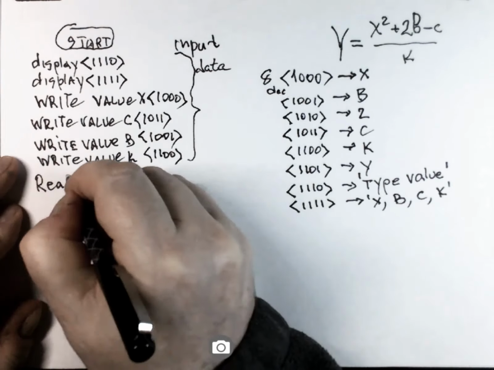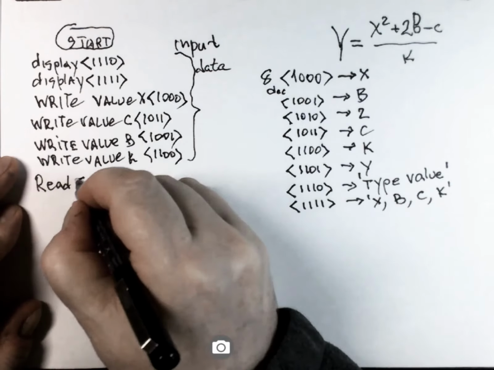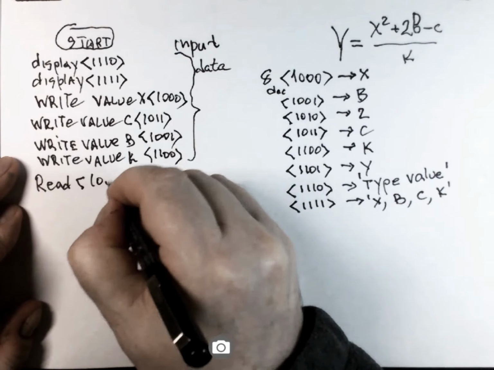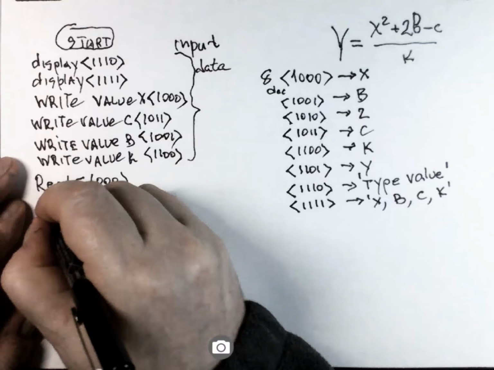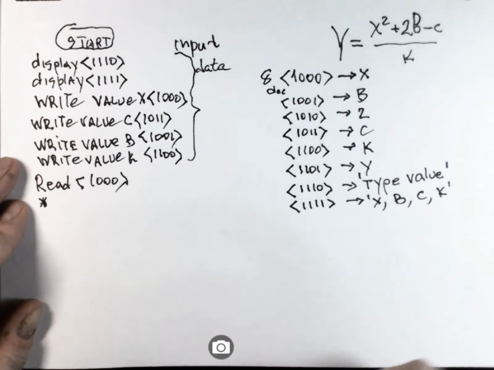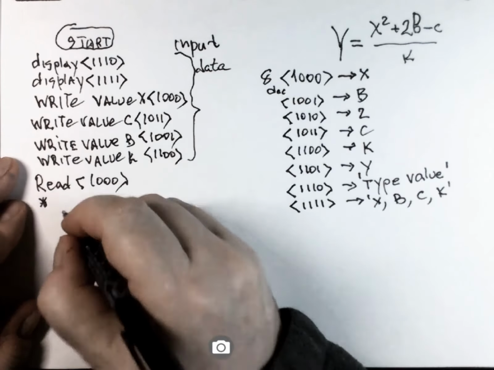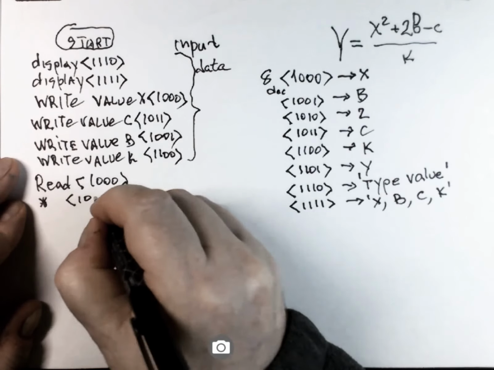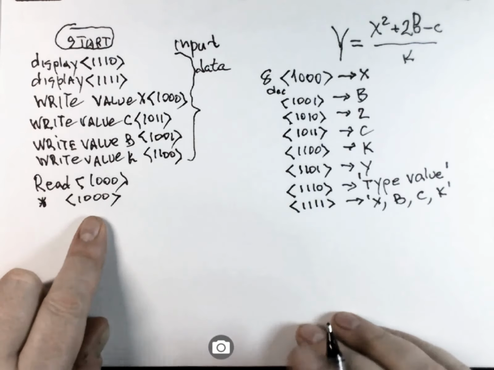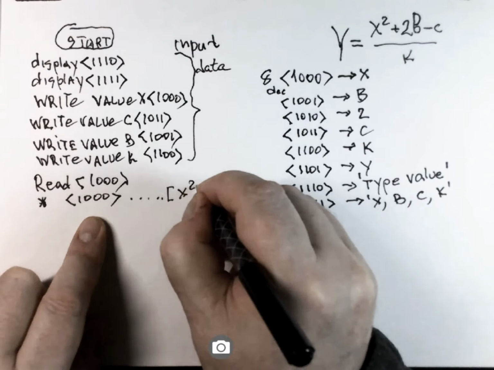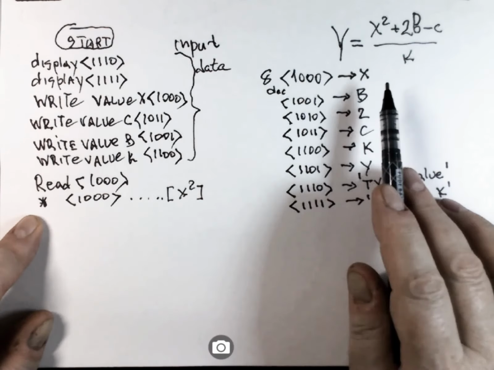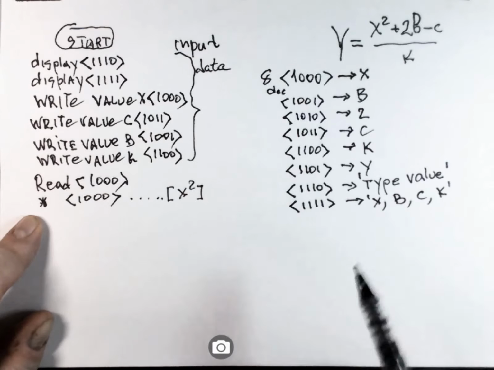What we need to do: read X, read the content of cell 1000, and then multiply. I will put the multiplication symbol, multiply by itself, so multiply by the cell 1000. In this case I'll put a comment here: we calculated X squared. Then we need to add 2b, but we cannot add 2b.